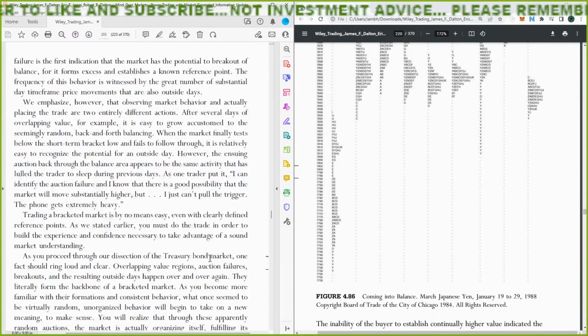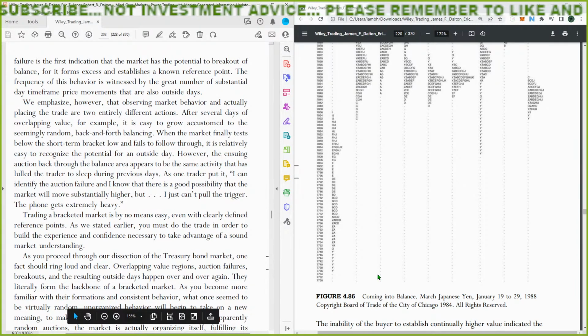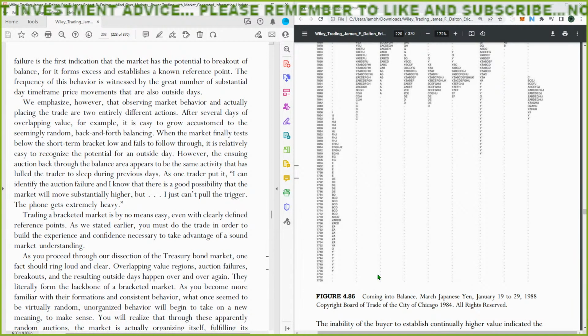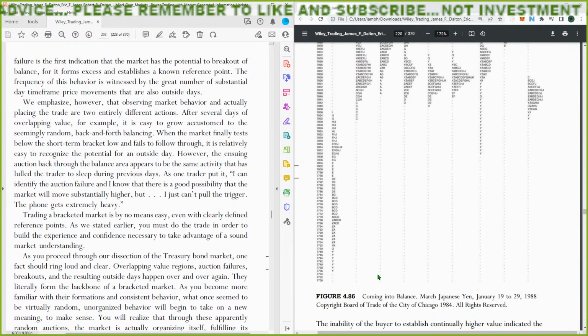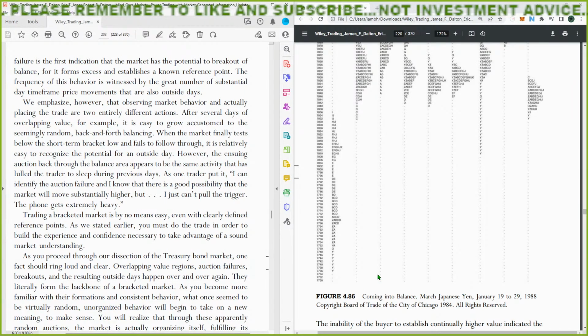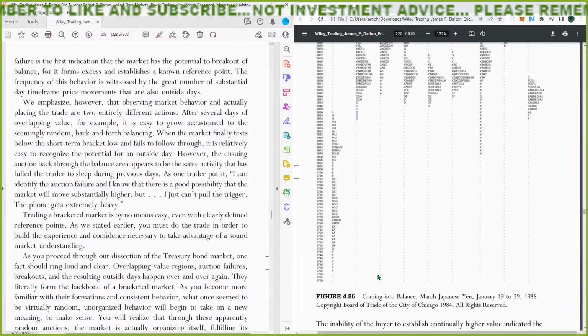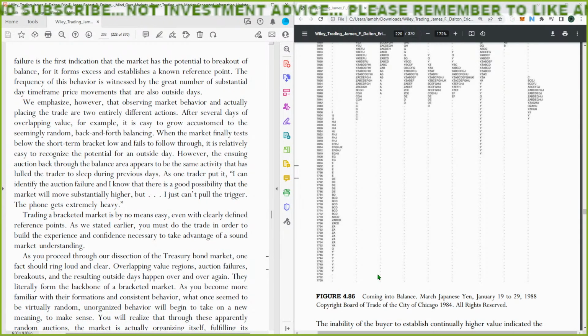The initial auction failure is the first indication that the market has the potential to break out of balance, for it forms excess and establishes a known reference point. The frequency of the behavior is witnessed by the great number of substantial day time frame price movements that are also outside days. We emphasize, however, that observing market behavior and actually placing the trade are two entirely different actions.